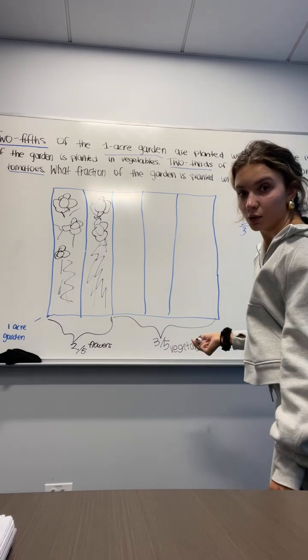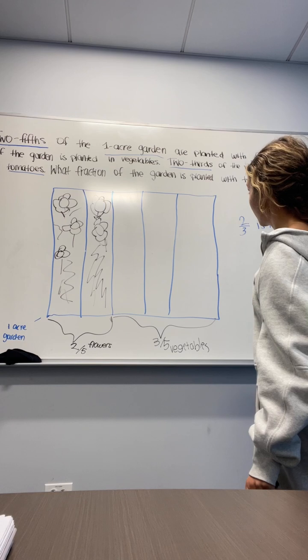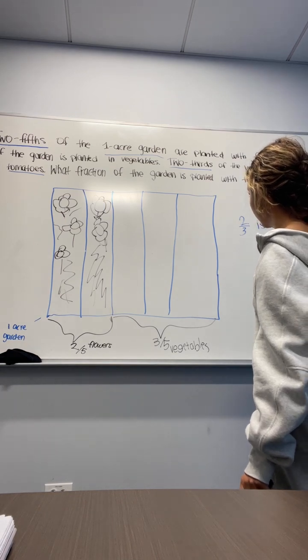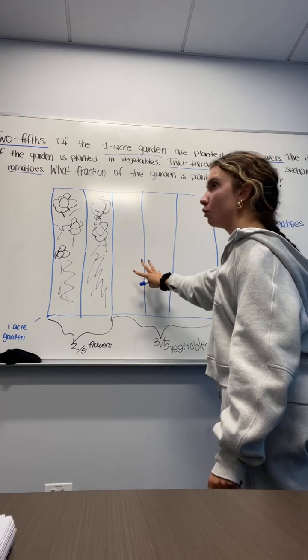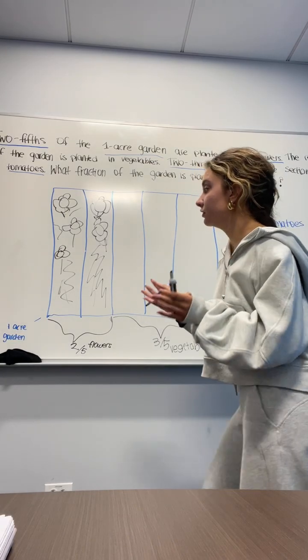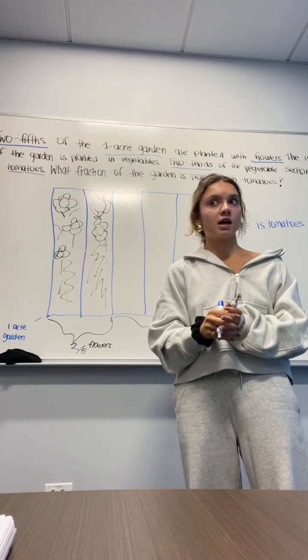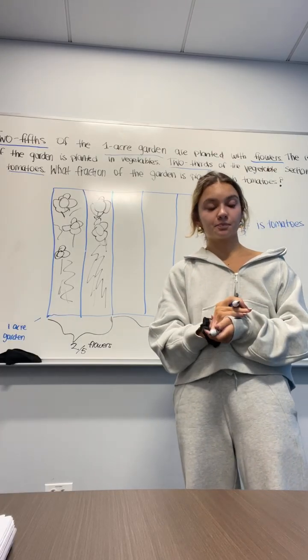And it wants to know what fraction of the garden is planted with tomatoes. So what we need to do is find something called a common denominator.